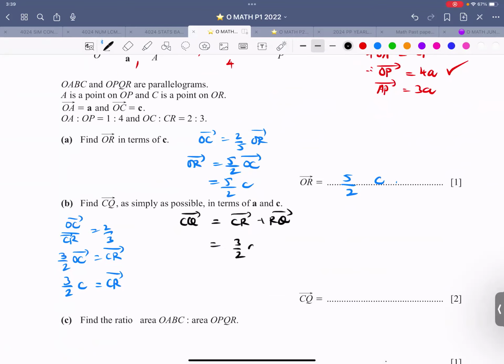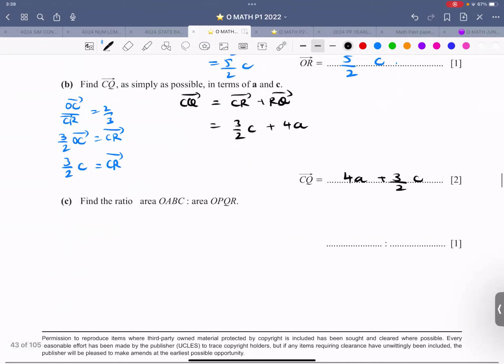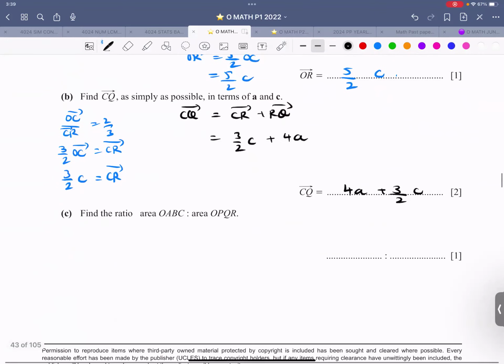CR is 3/2C. RQ is 4A. So this is 4A plus 3/2C. Leave it as it is. No need to simplify. Now the last part, only for 1 mark because it is difficult.